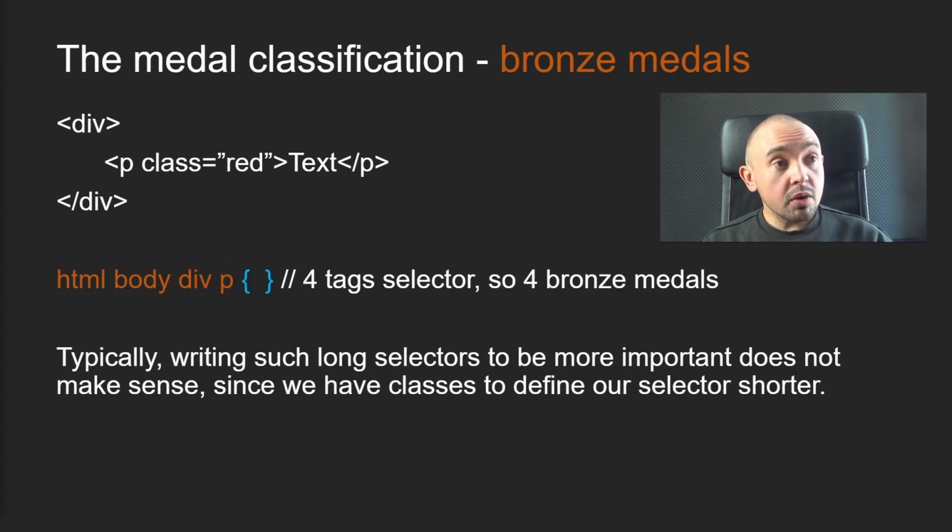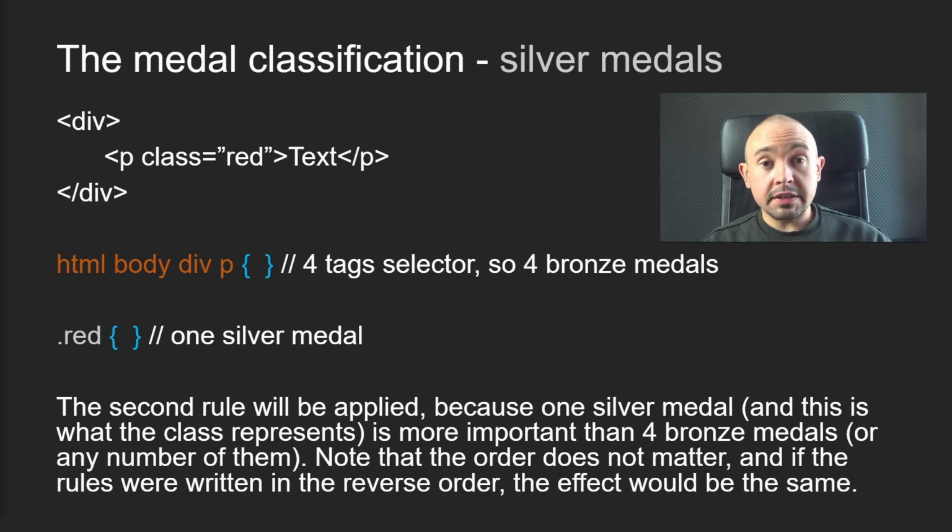But we usually don't create tag-based selectors that long, because no matter how many bronze medals our selector has, using a class, that is 1 silver medal, will always be more important, and also shorter and more readable. As you can see on this slide, the use of a class, which is 1 silver medal, will always be more important than all bronze medals, no matter how many there are.